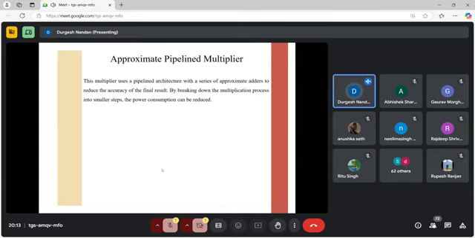So this is also another effective approach. Several times when we perform pipelining, we perform approximate pipelining also, and that way it is helpful. Another one is the approximate logarithmic multiplier.